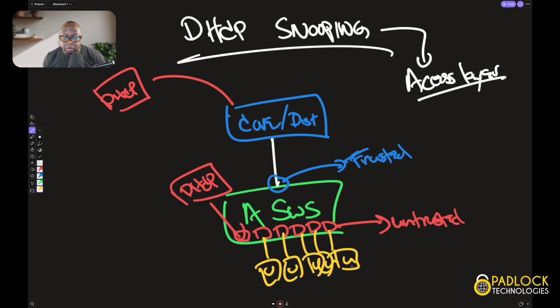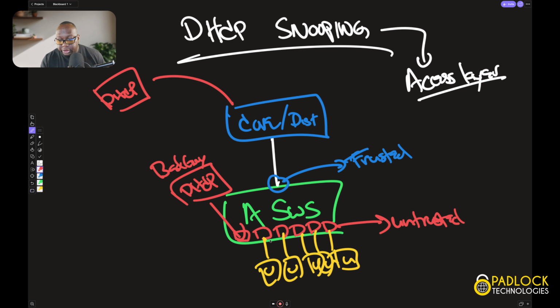So what ends up happening without DHCP snooping is that DHCP is not a protocol that has some kind of intelligence to it. From the DHCP perspective, whoever answers first gives out the IP address. So you can have a rogue DHCP server here, bad guy, right?